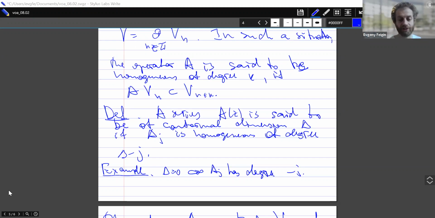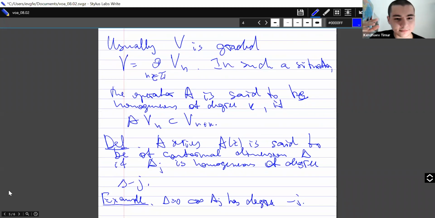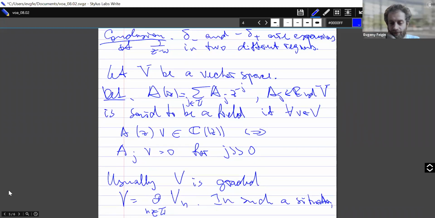Yes, here. We say that A of Z applied to v is in Laurent polynomials, and A_J v is 0 for J much more than 0.